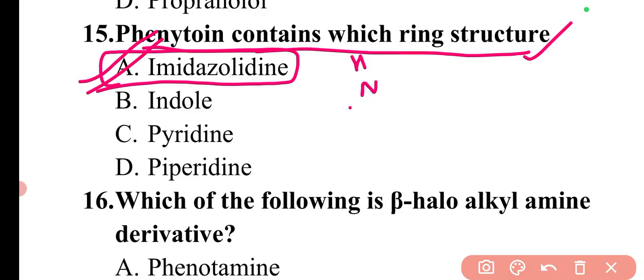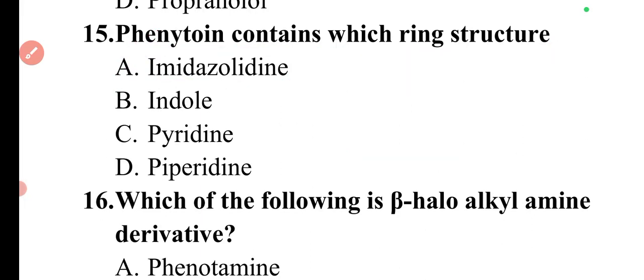Here is NH, and this is attached with another NH group. So there are two NH groups present in a 5-membered ring, and there is no double bond here. So this is the basic phenytoin, or we can say the imidazolidine ring structure. So here option A will be the correct answer.